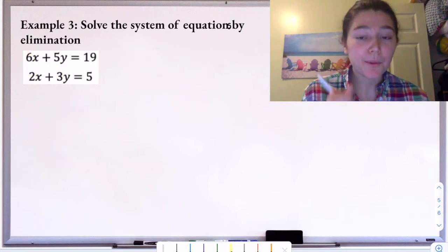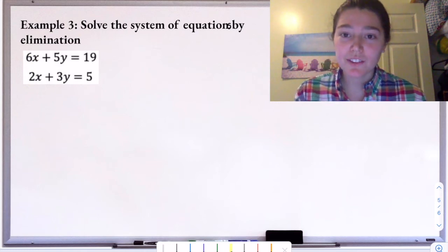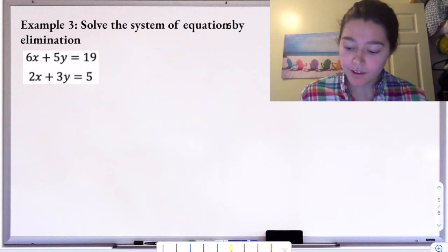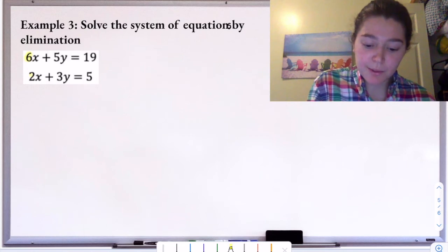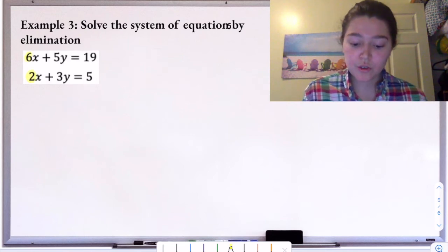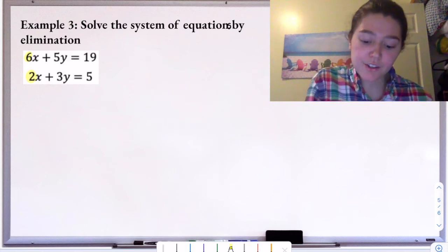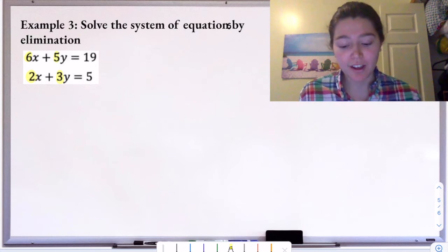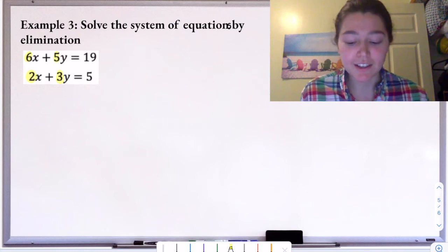So I'm going to try to multiply one of the equations so that I then can eliminate one of the variables by adding or subtracting. It's normally easier to pick a multiple. So I can think, 2 times what gives me 6. That will allow me to eliminate something. Over here, 3 and 5. 3 times something does equal 5, but it's not a whole number, so we don't like it as much.